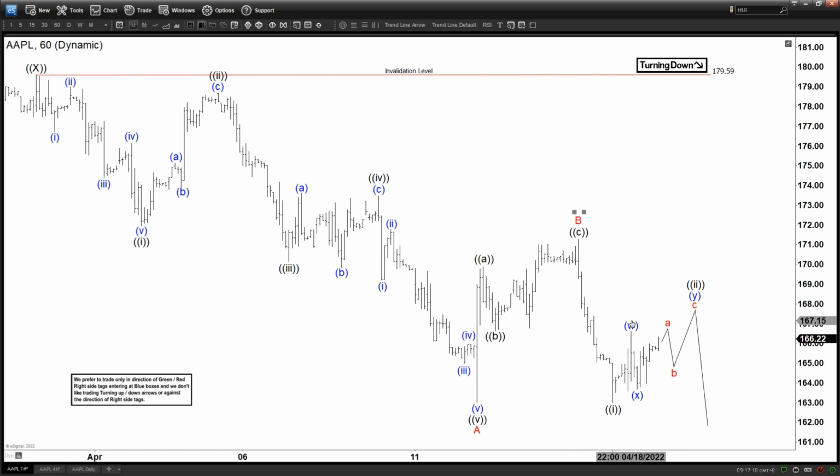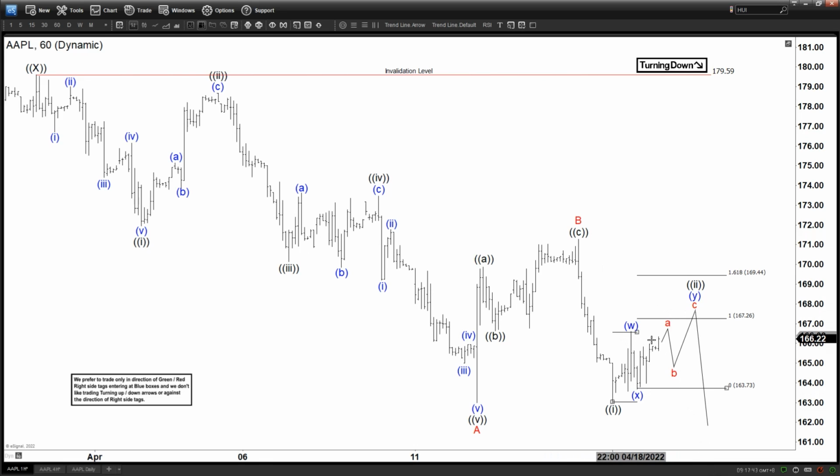Now this short-term rally is expected to finish around this area, 167.3, 169.4. So this is when your 3 swing rally is expected to finish, and then as long as we don't break above this 171, we should then continue to sell off this week.